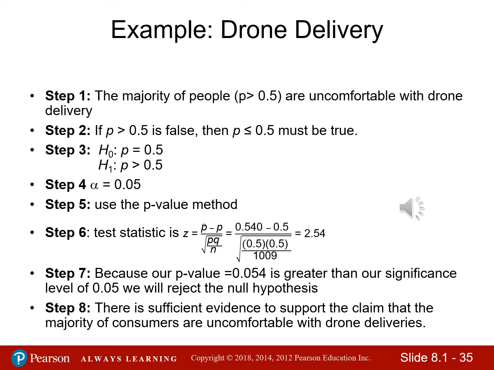Because our p-value is equal to 0.0054, it is less than our significance level of 0.05, so we will reject the null hypothesis. And finally, we draw our conclusion. And we could state that there is sufficient evidence to support the claim that the majority of consumers are uncomfortable with drone delivery.